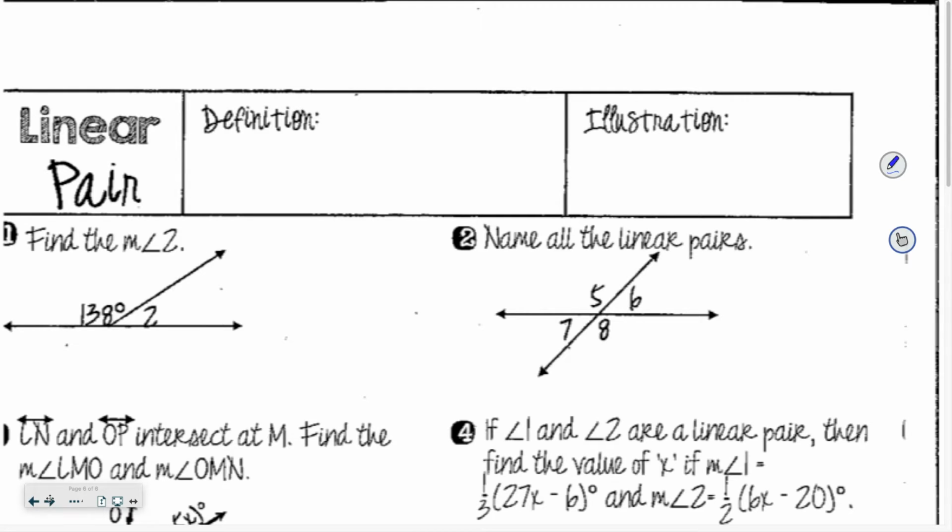Angles. So a linear pair is going to be 2 angles that make up a line. Now, these 2 angles are going to be adjacent, and they're going to be supplementary.